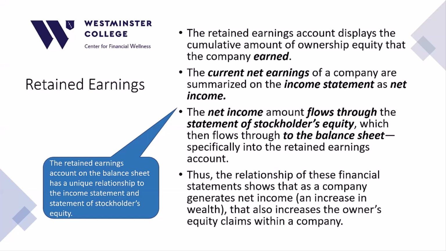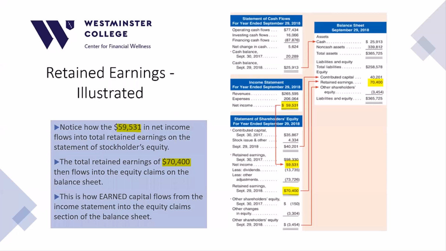Let's show some pictures. All right, so here's a picture of what I was saying. We have our four financial statements here. We're going to focus on the income statement, the statement of stockholders' equity, and the balance sheet. Specifically, we're going to trace how net income gets from the income statement to the balance sheet. All right, here's our net income of $59,000 on the revenues minus the expenses.